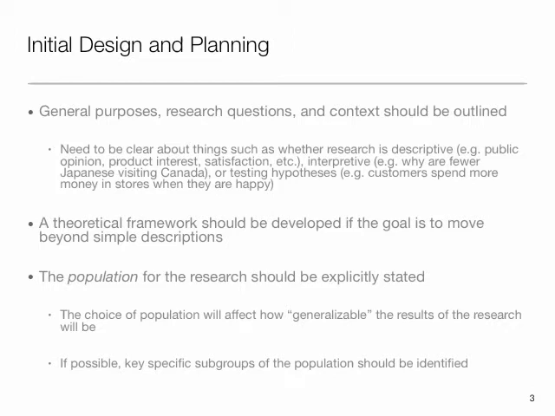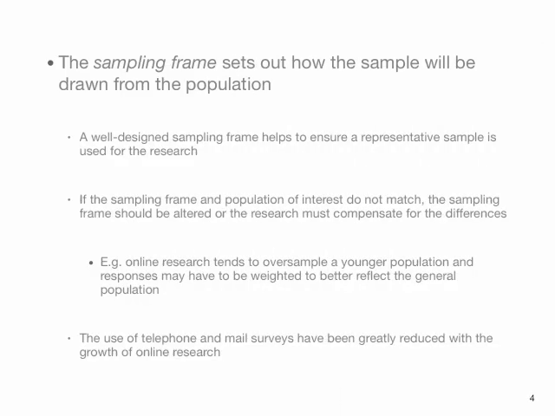Very clearly, you need to identify who the population for your research is. So essentially, who are the people that you're talking about and trying to do the research on. Now, there's a difference between population and your sample. Because your population is kind of everybody in the group that you're doing your research on, but the sample are those key specific people, the representatives of that population that you're actually going to question.